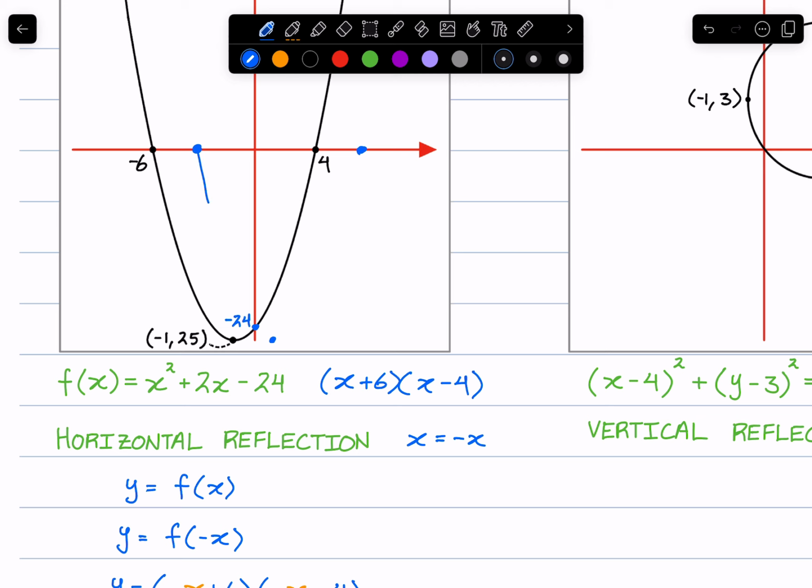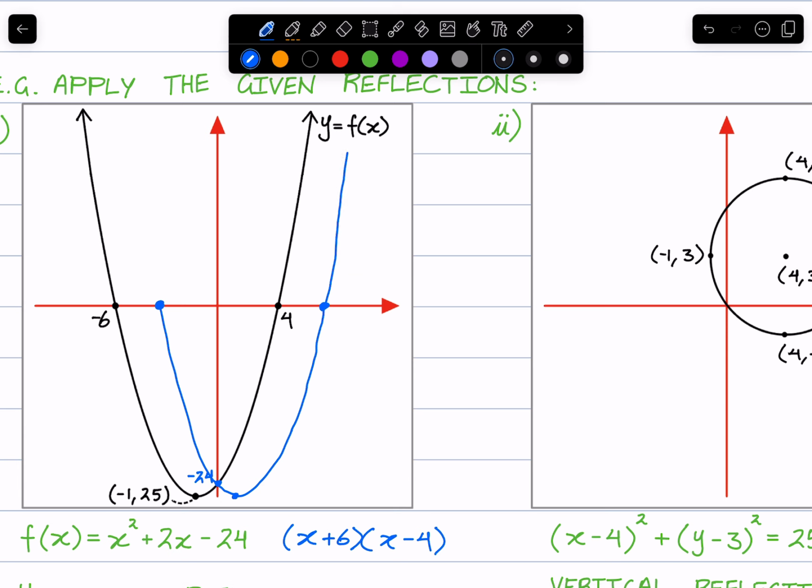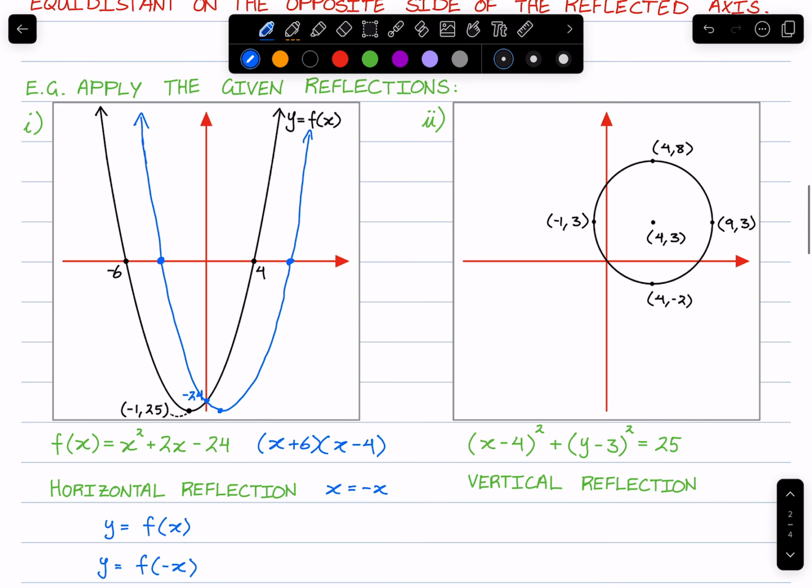And so our new graph would look something like so. And there we have our transformed function.